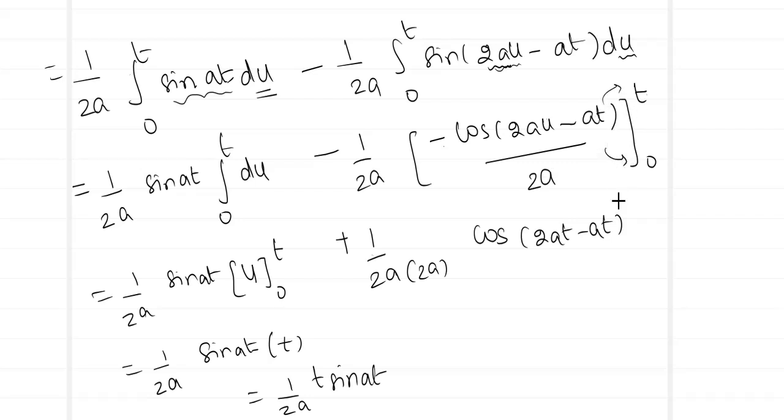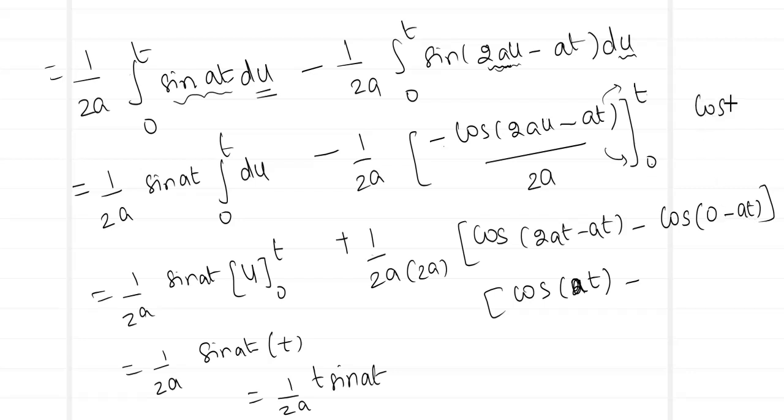And how about the lower limit? Minus cos of, this u will now take the value 0. So the first term will become 0 minus at. So this is what we have. Now this gives us cos of 2at minus at, which makes it cos at, minus cos of minus at.